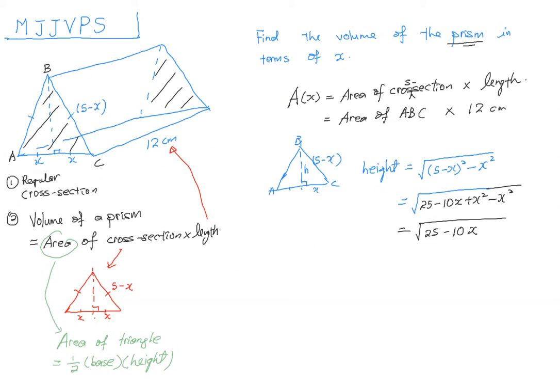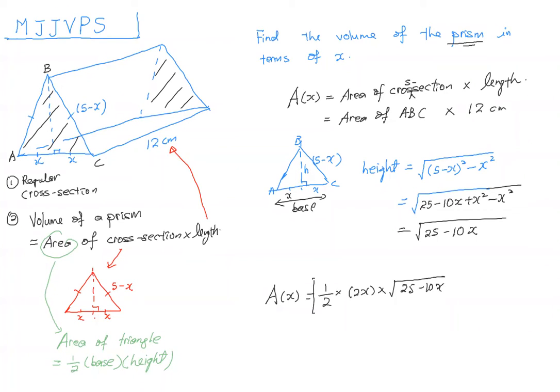Okay, so then I write down, therefore, the area is equal to half, this is the base, times 2x times the square root of 25 minus 10x.